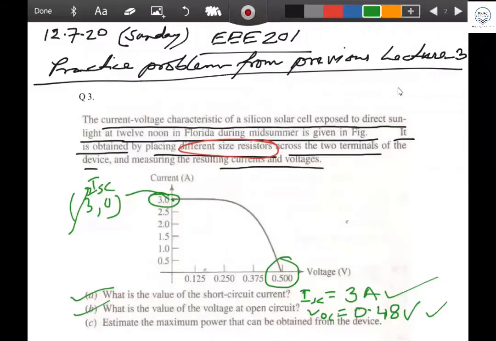Now, I was asking that in the exam, do we just write 3 ampere and get full marks, or do we have to explain something a little bit? No, no. You just write the open circuit voltage is 0.45 from observation. You can straight away write the answer: V open circuit is 0.45.